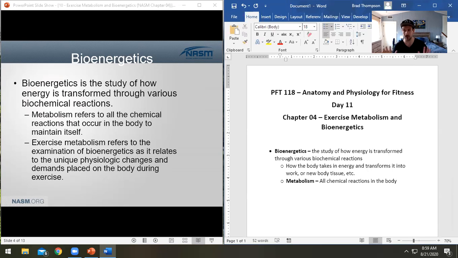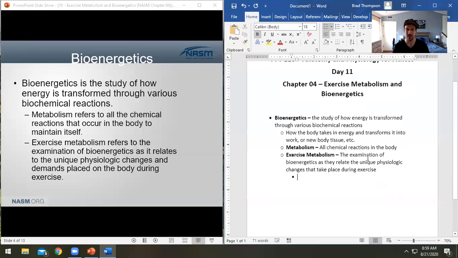And that is definitely metabolism, right? But we're also going to see the term exercise metabolism. And that is the specific metabolism that we usually deal with. Like, these are the parts of metabolism that we spend our time on. And it's the examination of bioenergetics as they relate to the unique physiologic changes that take place during exercise.